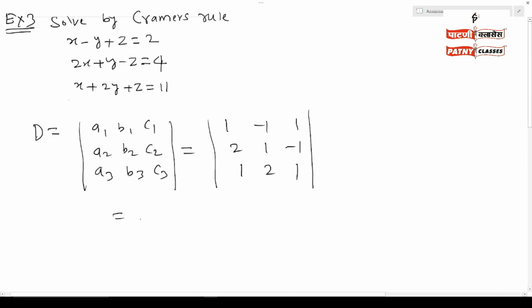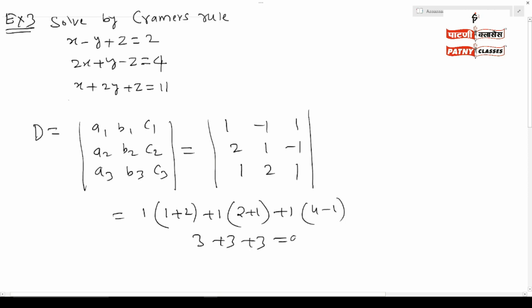Now we'll calculate the determinant. 1 into 1 plus 2, plus 1 and 2 plus 1, and plus 1 into 4 minus 1, 3 plus 3 plus 3 equals 9. Therefore, D equals 9.